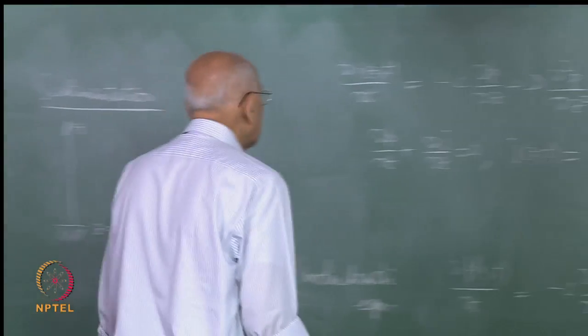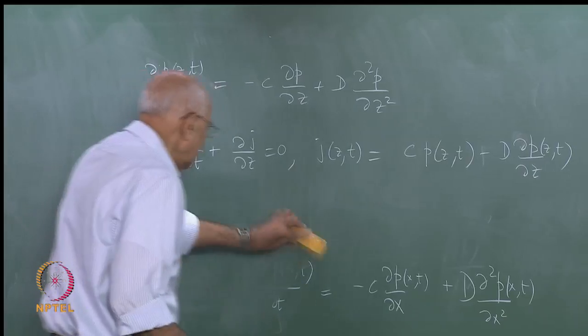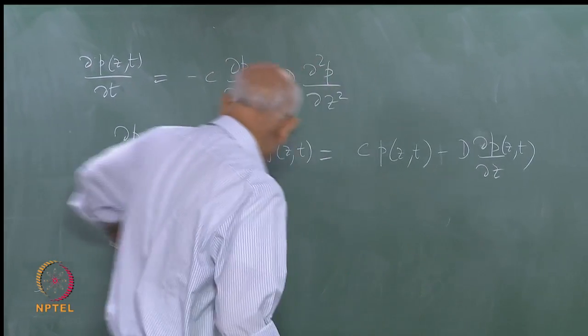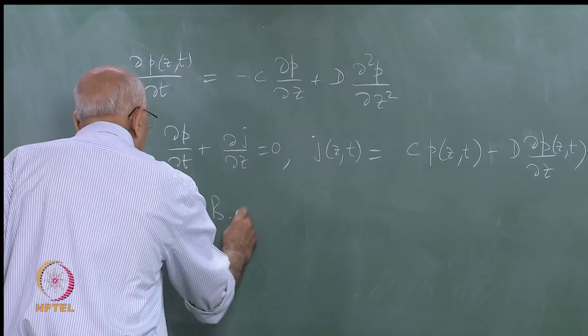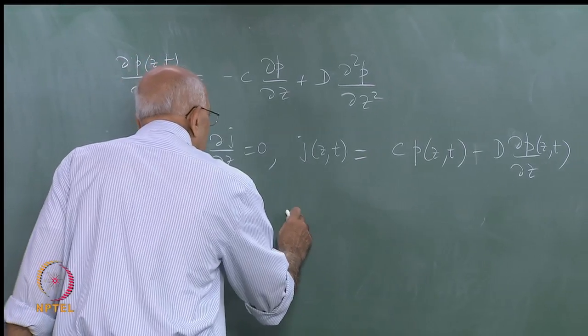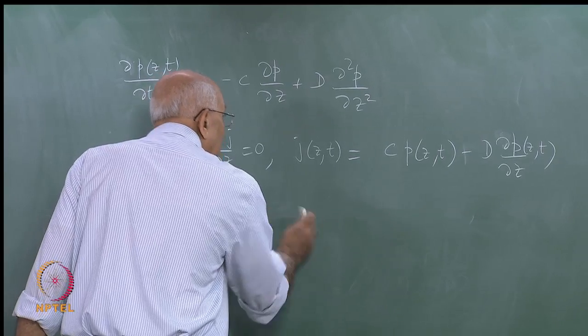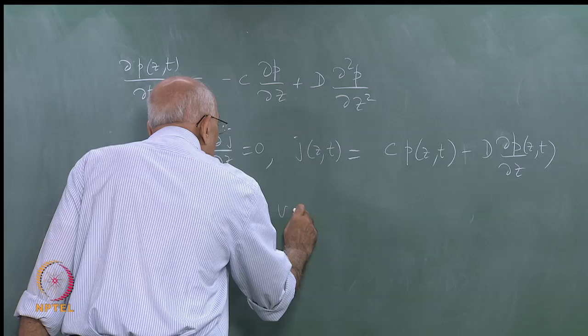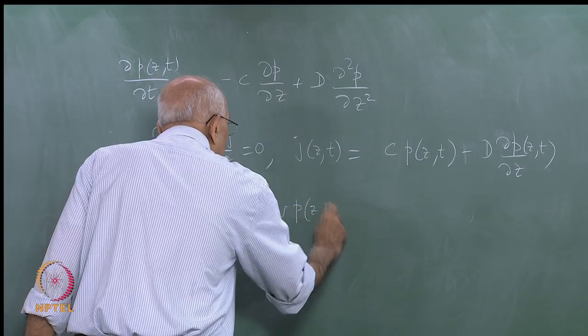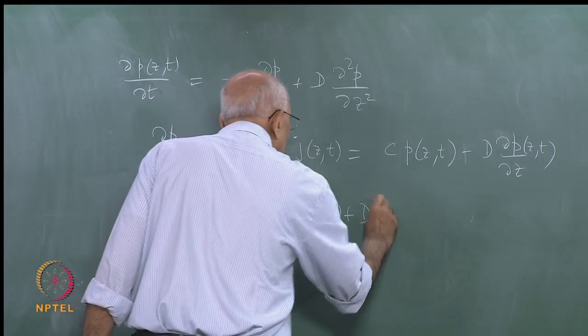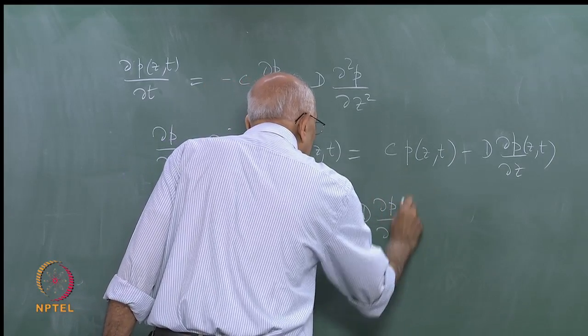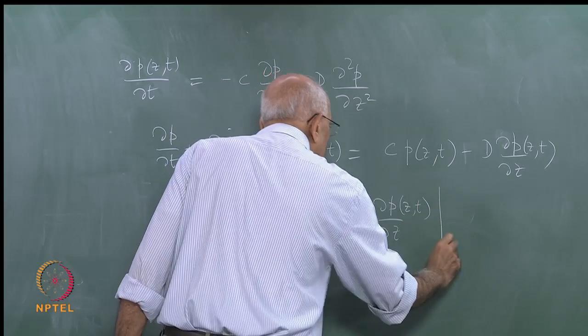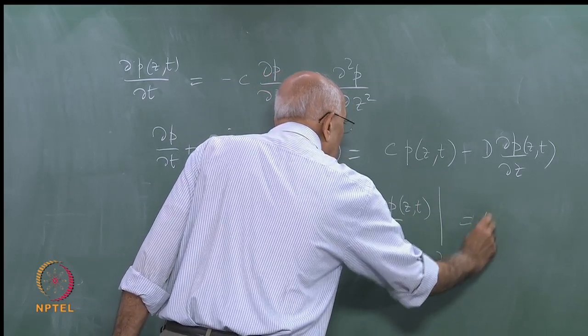So the boundary condition is that the current, which is minus v p(z,t) plus D delta p over delta z at (z,t), equals 0 at z equal to 0.